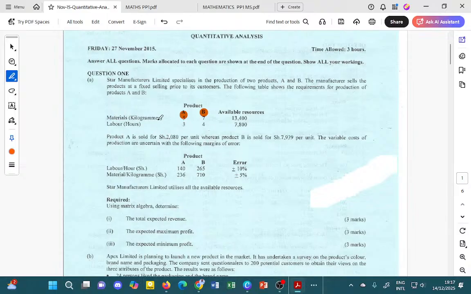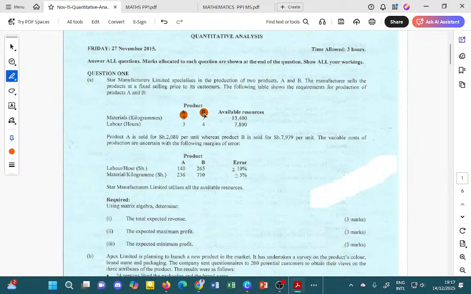So we see that the materials in kilograms, because in a particular production session, two products are produced, and the materials that product A will consume is 5 kilograms and labor hours is 3.